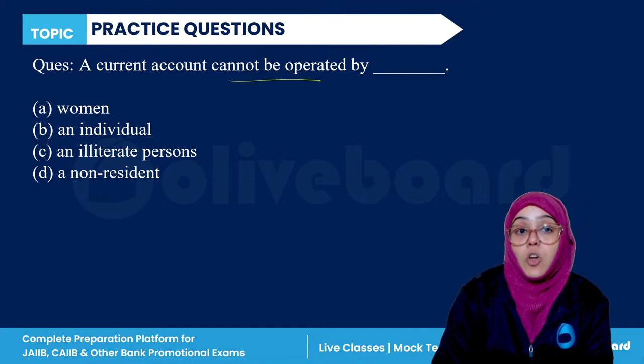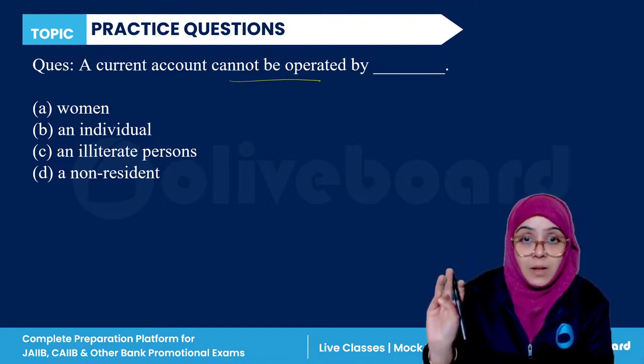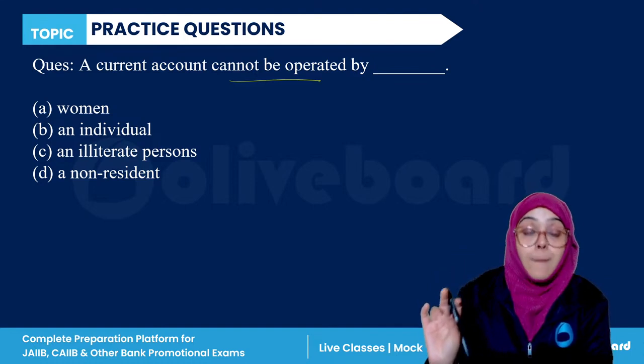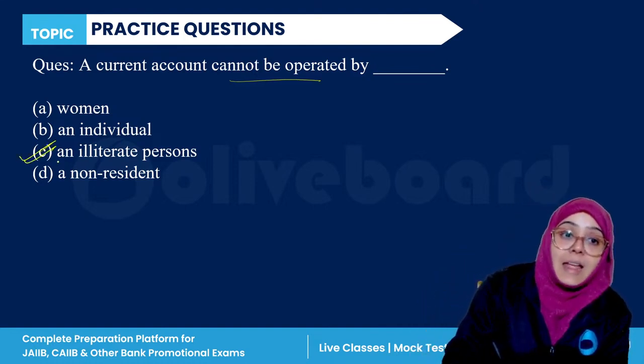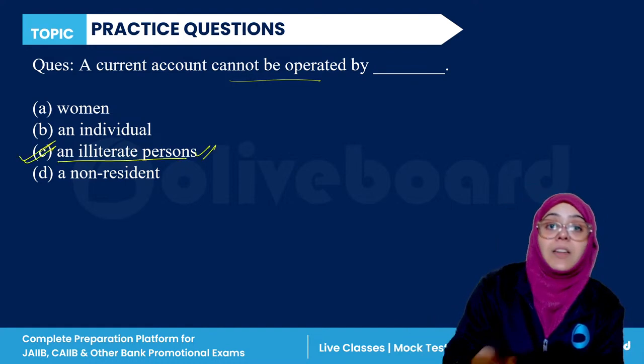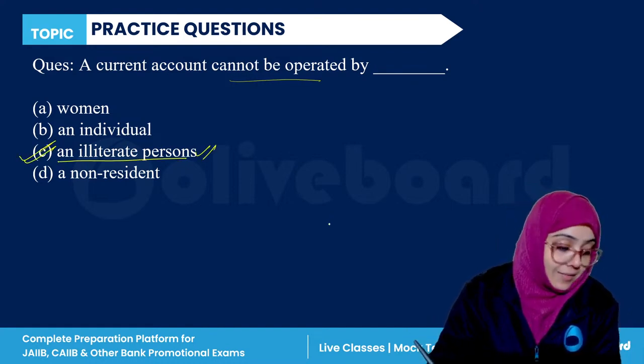So, if we talk about the current account, it is not given to Pardanasheen women, illiterate persons, or minors. So the correct answer is C. An illiterate person is not allowed to operate a current account. So C is the correct answer.